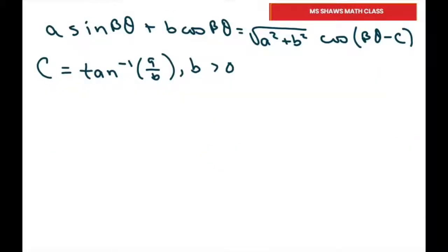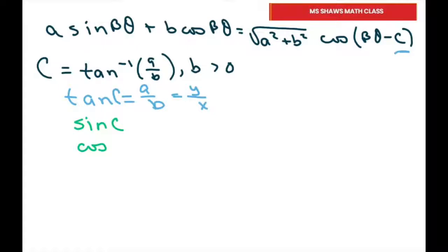So here we go. Here's our problem. They give us that inverse tan equals the c right here. So we know that tan of c equals a divided by b. And normally this is like your y divided by x. So we need to know what sine of c is and cosine of c is.